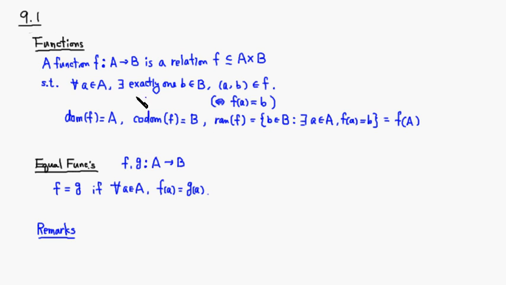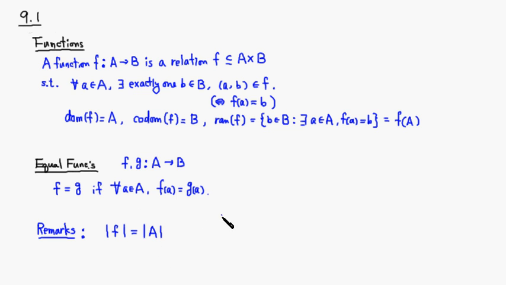And there's some remarks. All right, since for all elements in A, there exists exactly one element B, if you look at the cardinality of the function f, it is always equal to the cardinality of A, because f would have the same number of ordered pairs. So the cardinality of f is exactly equal to the cardinality of its domain, right?